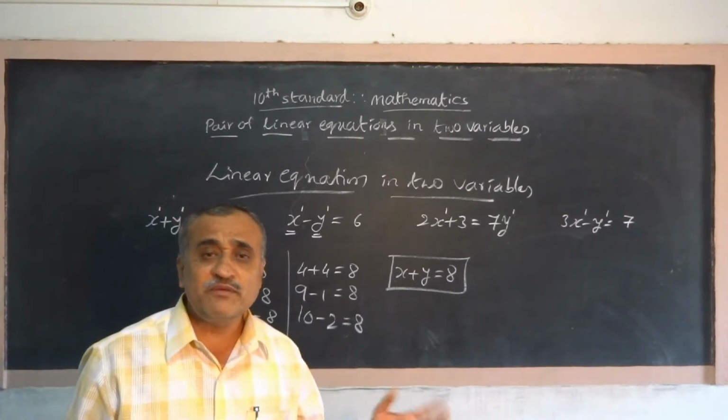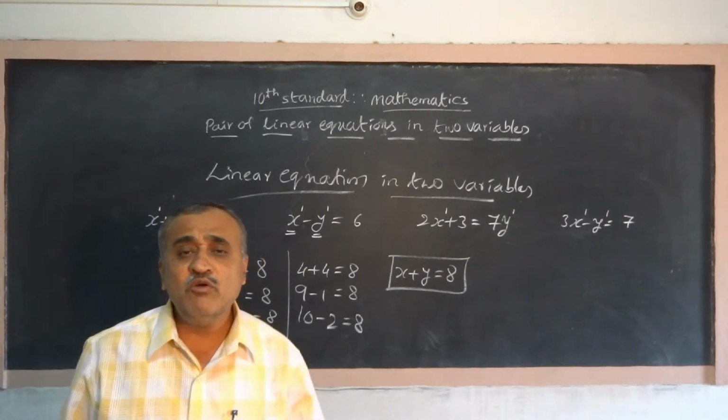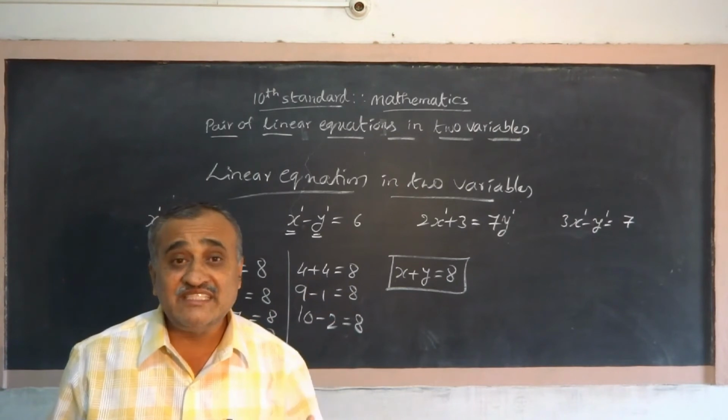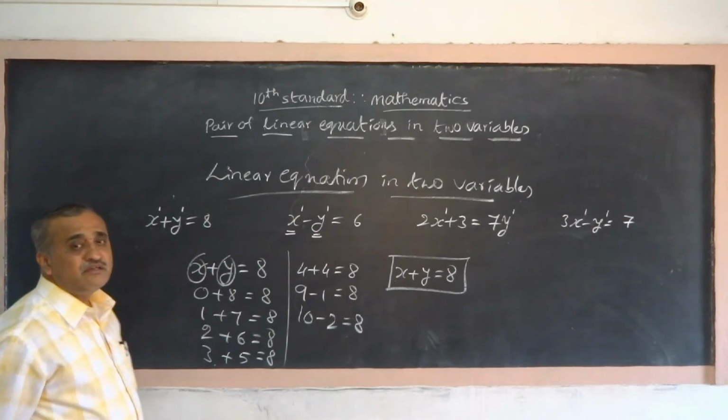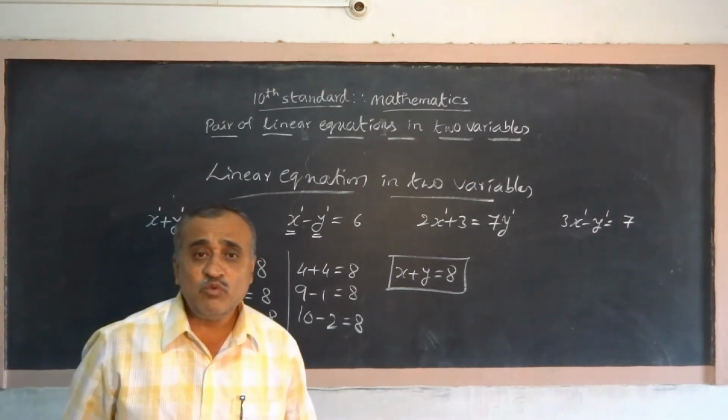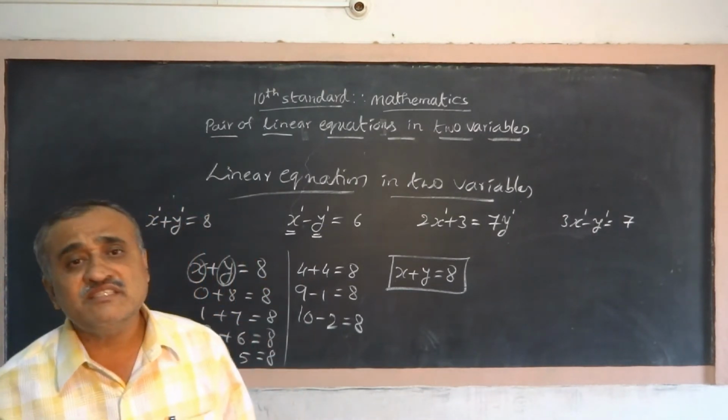So how to find the exact value of x and y? We cannot find it if only one equation is given.